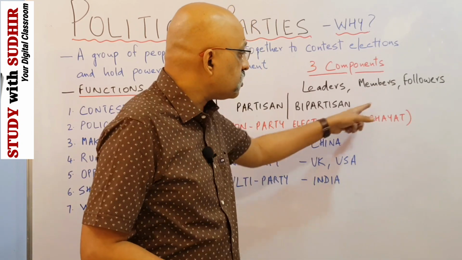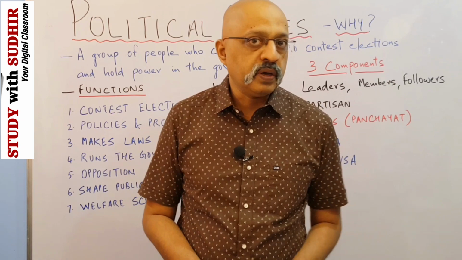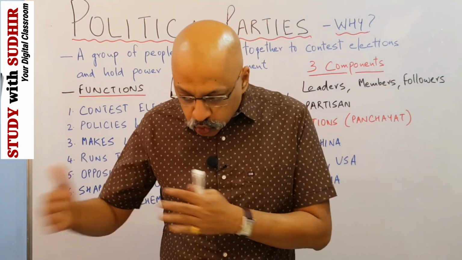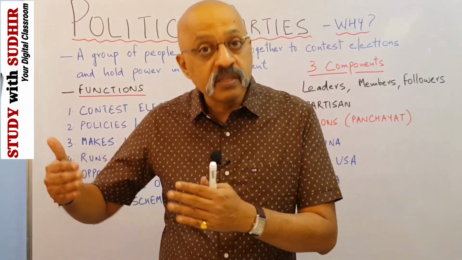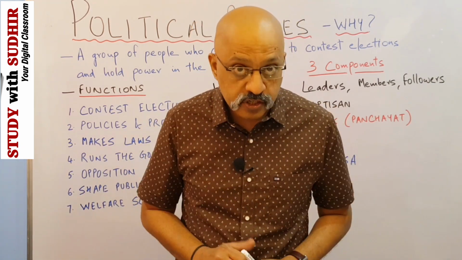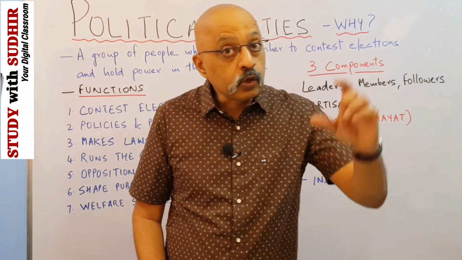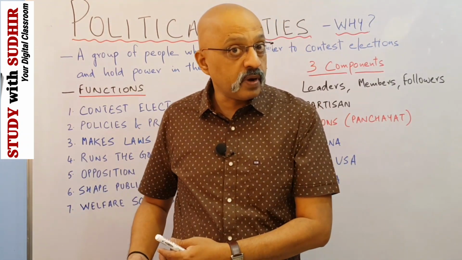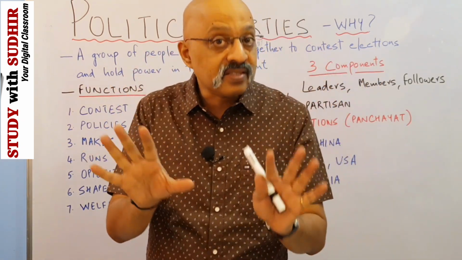The opposite of that is bipartisanship, and bipartisan is a word that you will often hear if you read the newspapers. Bipartisanship essentially means that the two major political parties decide to take a similar position on major issues concerning the country. For instance, foreign policy. Irrespective of who comes to power, whether it was the UPA in power between 2004 and 2014, the Congress-led UPA, or the NDA which has been in power since 2014, the foreign policy generally remains the same, right?